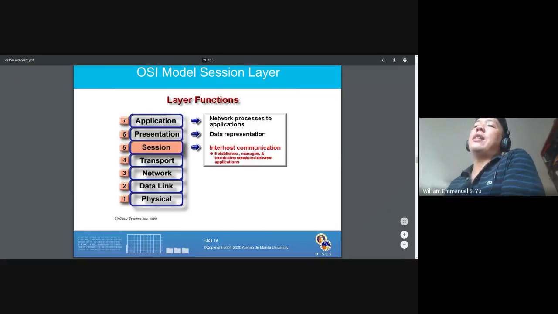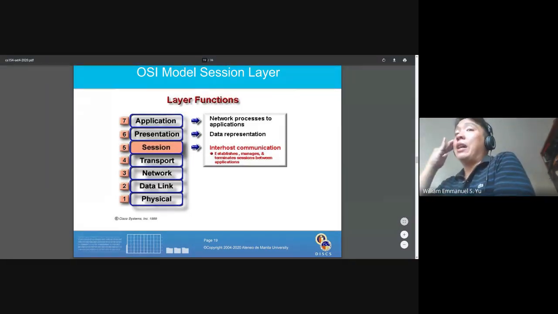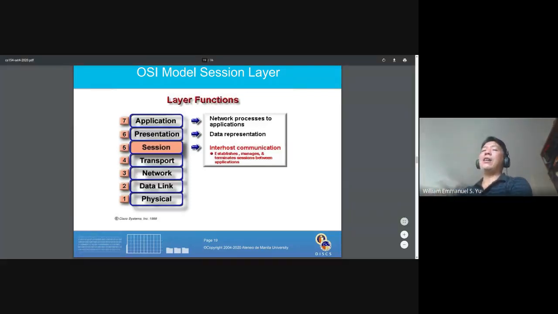So session layer establishes session between people to people or people to systems, right? So they are basically a higher layer abstraction that allows you to identify the parties that are being talked to and to secure the communications between the two. So kung may encryption, for example, session layer yung responsible.